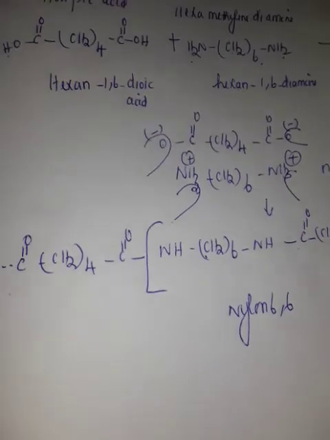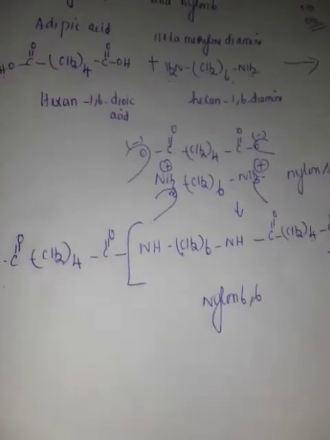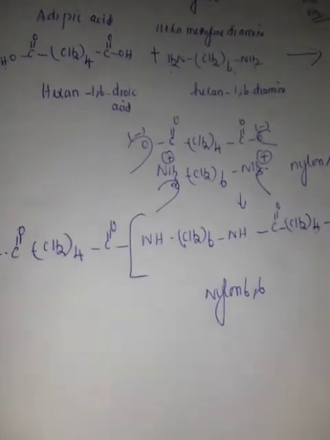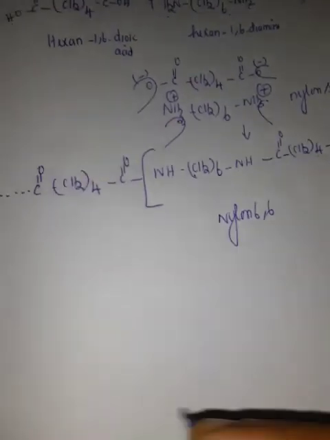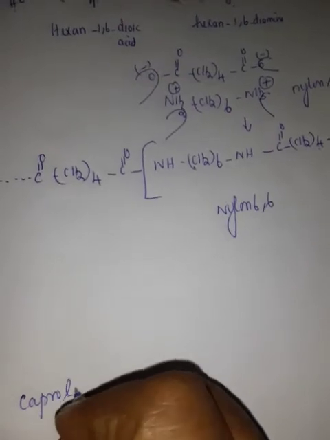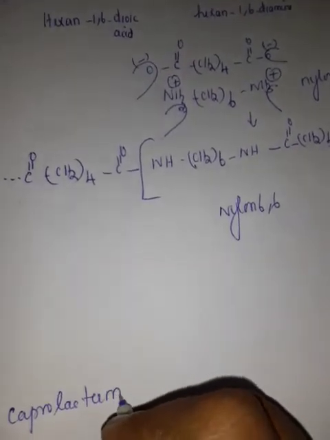The other compound is nylon 6. Here only one monomer is used, and that monomer has 6 carbon atoms. The best example is caprolactam.